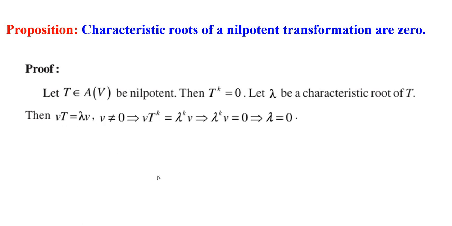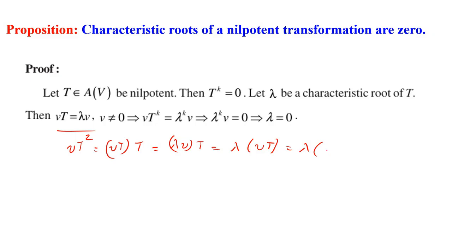Now you consider vT square. It is vT T, but vT is lambda v. So you have lambda v T, T being a linear transformation. You have this, and again you have vT to be lambda v. So you get this to be lambda square v.